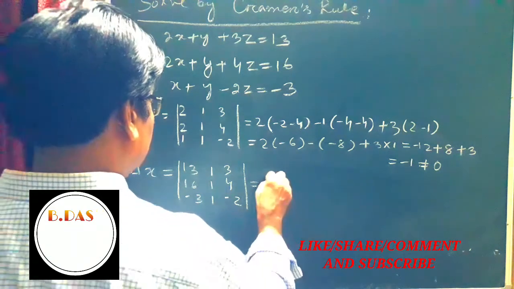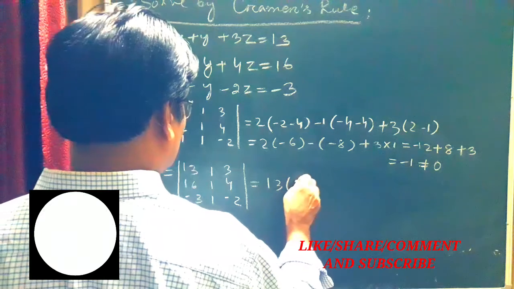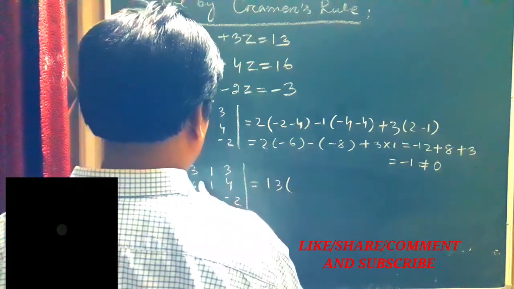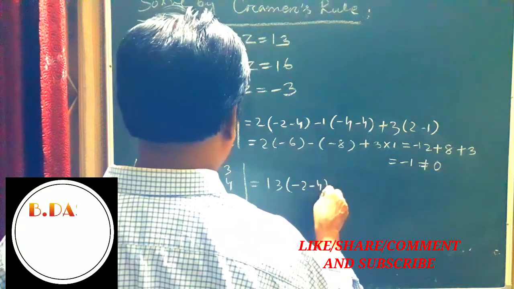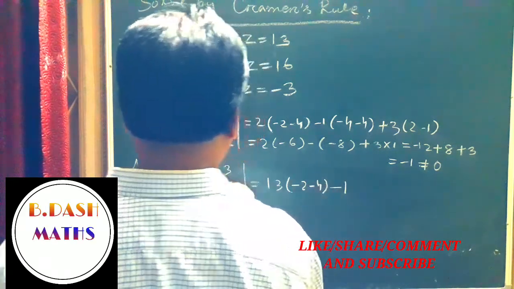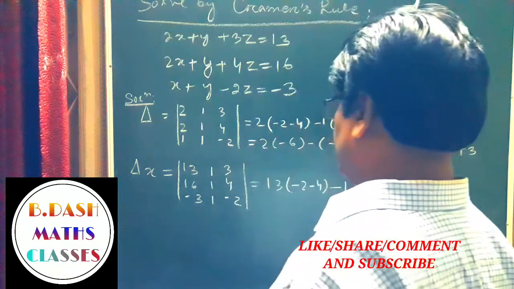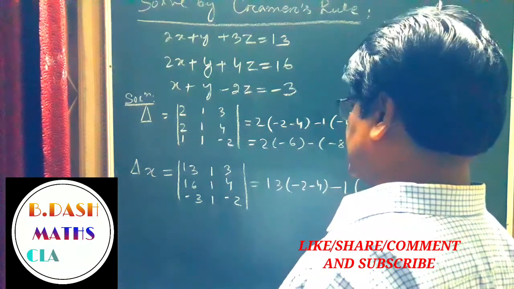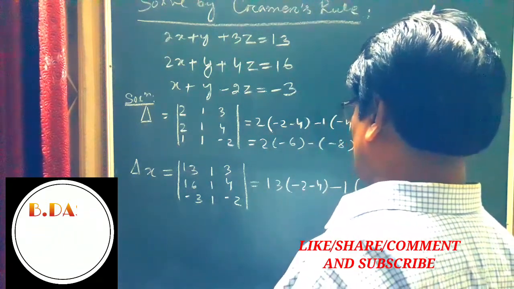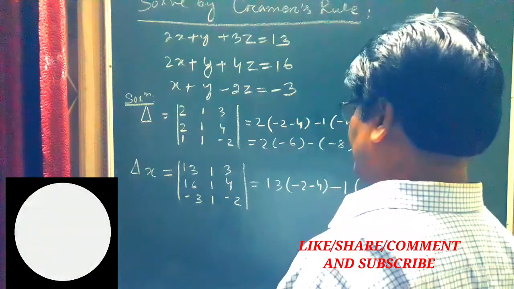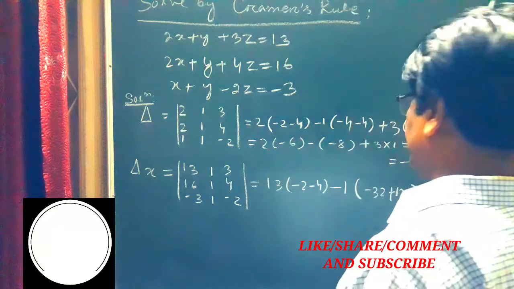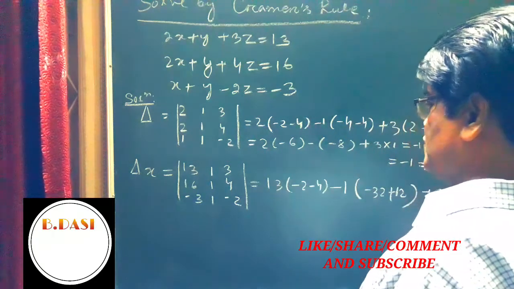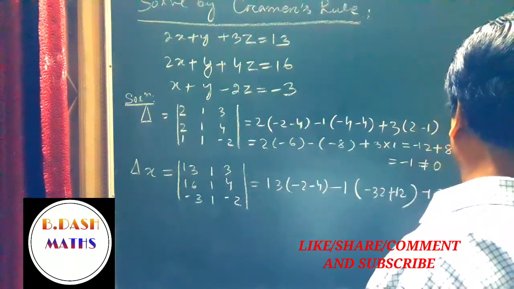This will be 13 into (-2 - 4) - 1 into (-32 - 12) + 3 into (16 - 3).